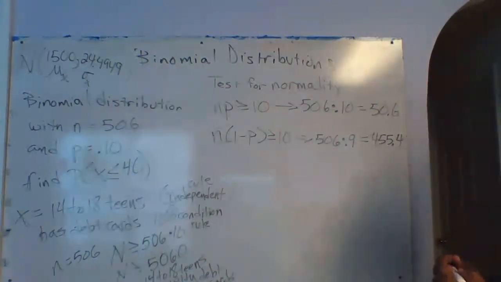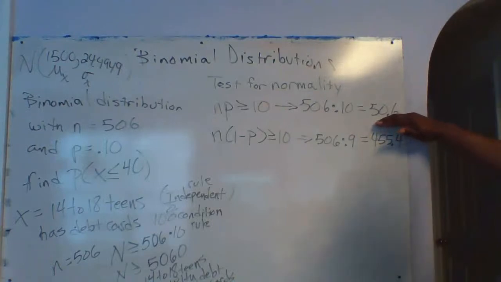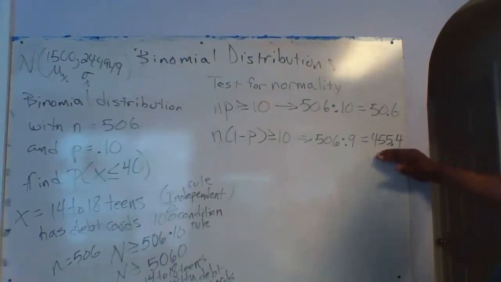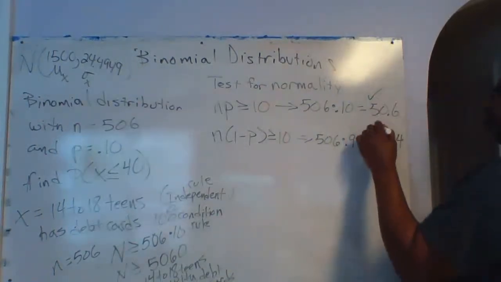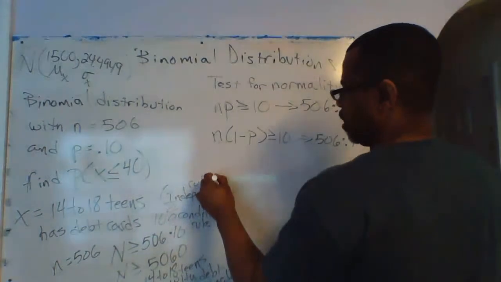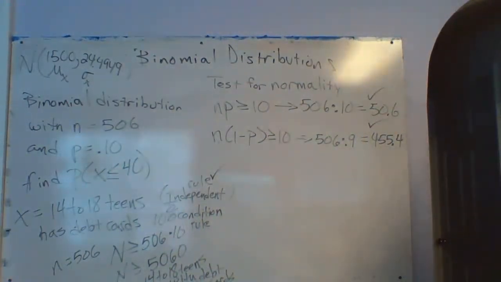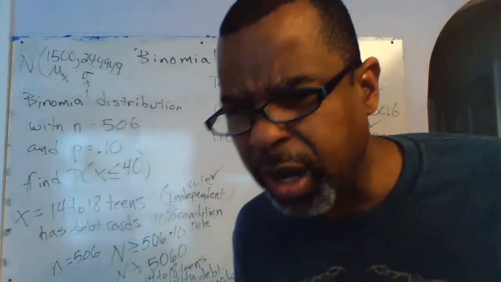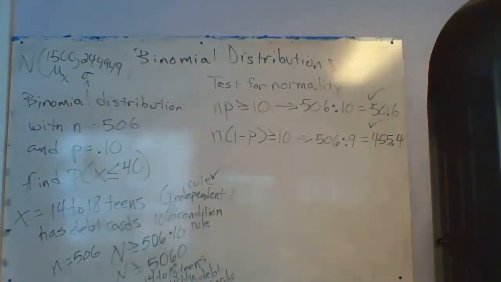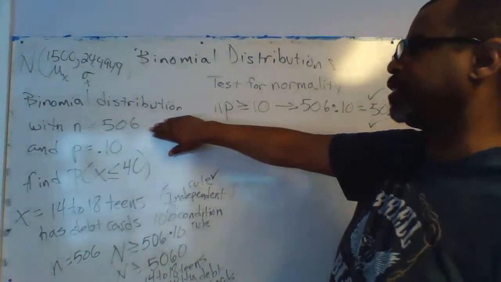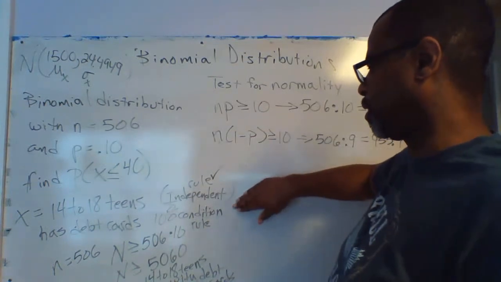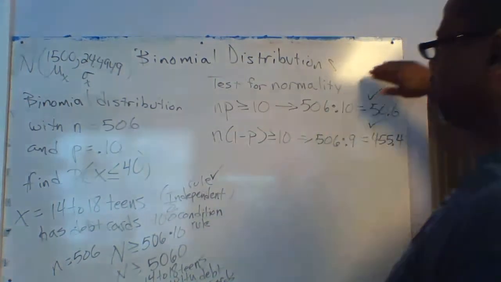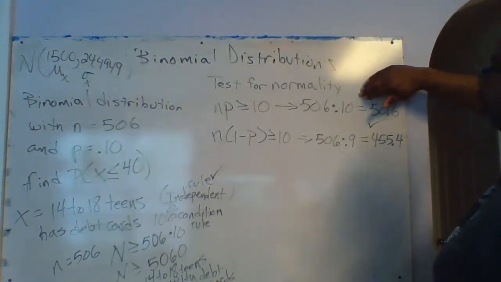But if we talk about real time, this could be 51 students, and this would be 455 students. So this rule is being held, this rule is being held, and this rule holds. So with this sample size and probability of success, the 10% condition rule is being met. Okay, the normality rule is being met.